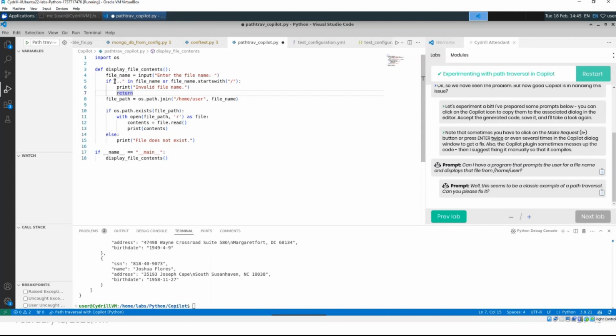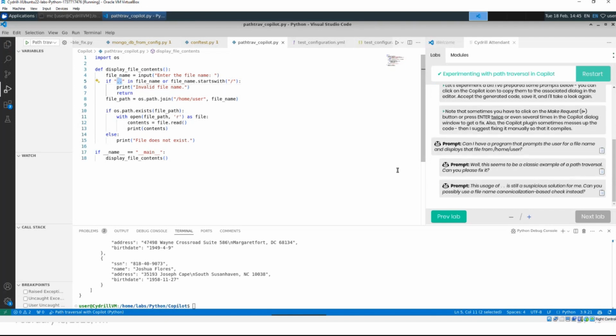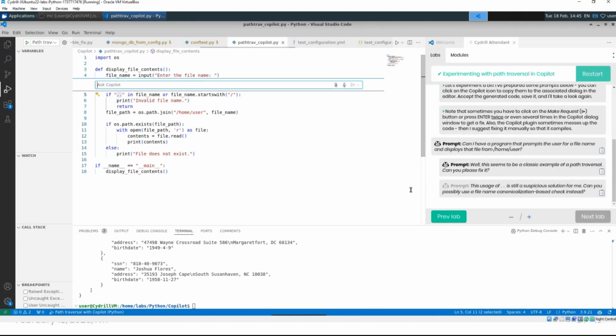If somebody tries the same attack on Windows, they can use the backslash, which is not in my list. So if the same code is running on Windows, then somebody will still be able to do the attack, and I am still not protected. So let's ask it about that, all right, maybe you shouldn't use .. Can you use file name canonicalization based checks?